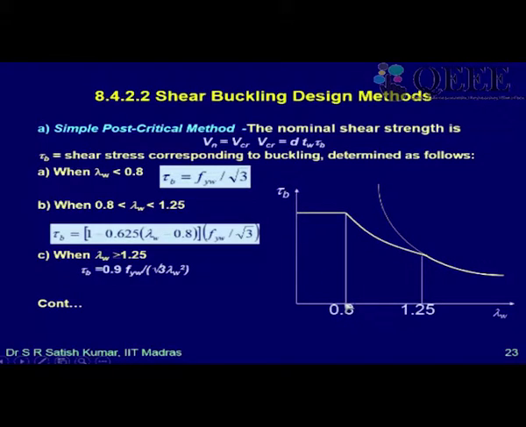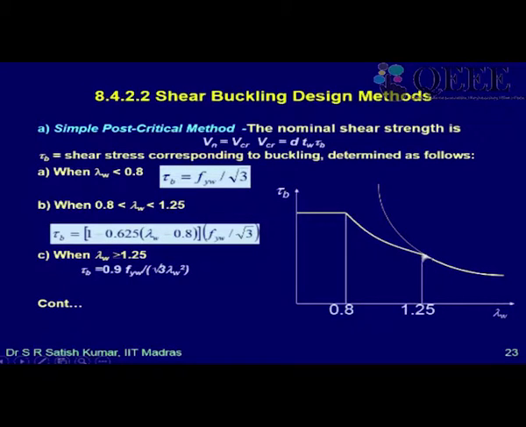When lambda w is between 0.8 and 1.25, the plate may reach tau y, that is, it will yield along one line, but before it can develop the full shear resistance, it will buckle. So it has what is called inelastic buckling at intermediate slenderness range, and it buckles along this curve, and for that the equation is given in the code, with tau b as a function of lambda w.